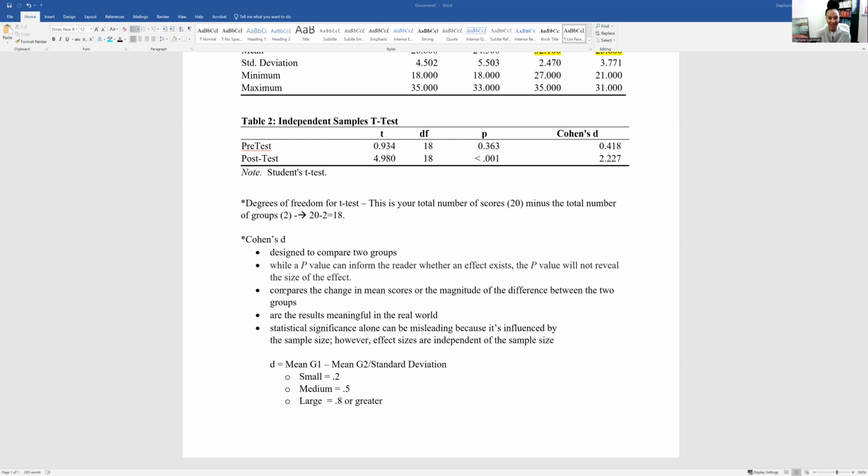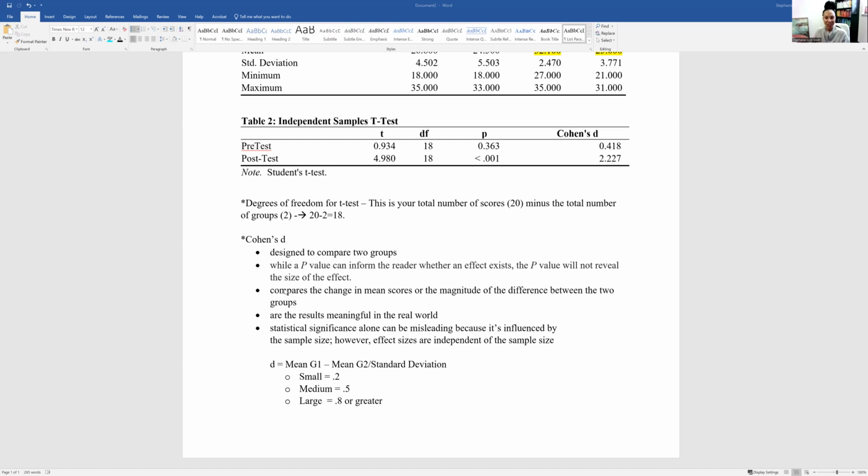So we could have that instance in which there is no statistically significant difference, but then what does our Cohen's d say, what does the effect size say? Depending upon what our effect size is, that gives us some additional information in terms of the meaningfulness of this data that we collected.